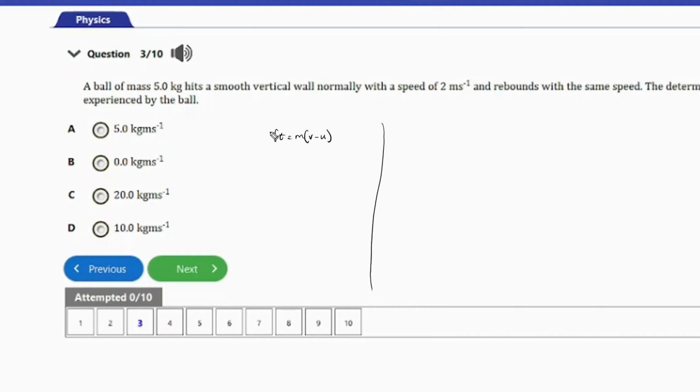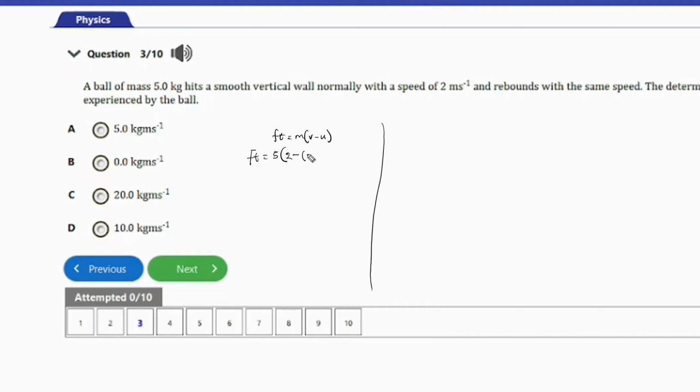So guys, if we solve using this, we are going to have that the impulse Ft is equal to the mass 5 kg into the velocity v here, which is actually 2 meters per second, minus.